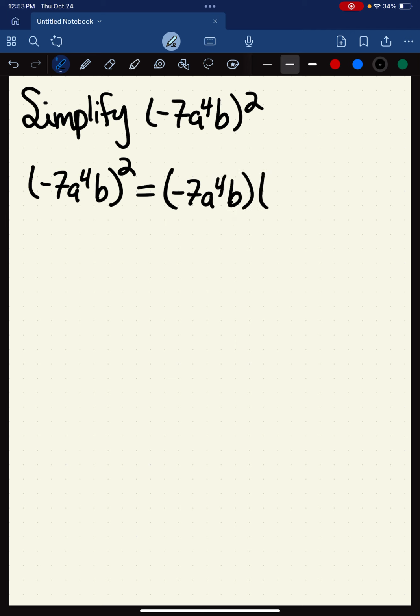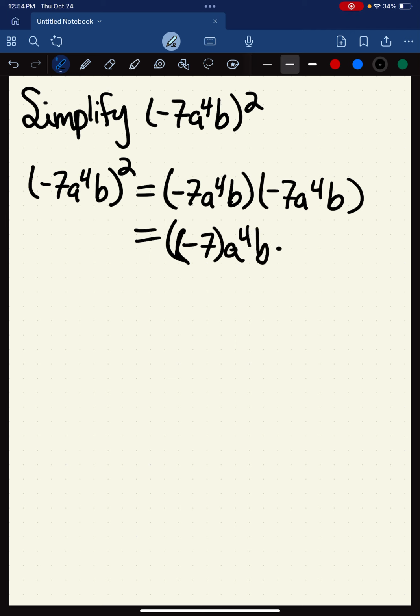Well, remember that squared means we're multiplying twice. We can use the associativity property to get that that is (-7a to the 4th b) times (-7a to the 4th b).